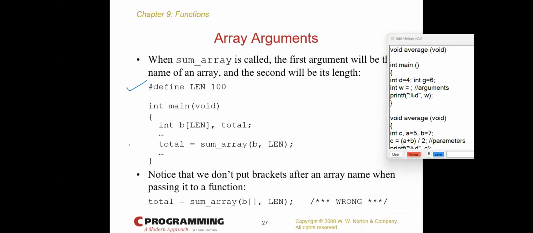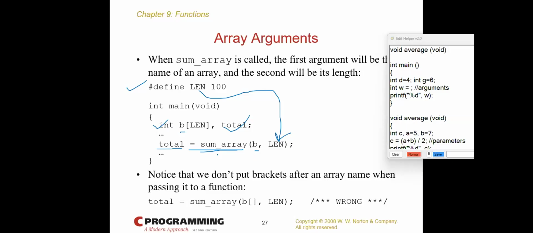We have defined the size of our array. We have created the array based on that size. We created an integer variable also, and we want to calculate the total of the array. So we call a function called sum array. We provide it the array called B, and then we send the length of the array into that function. So it's important that you observe something.